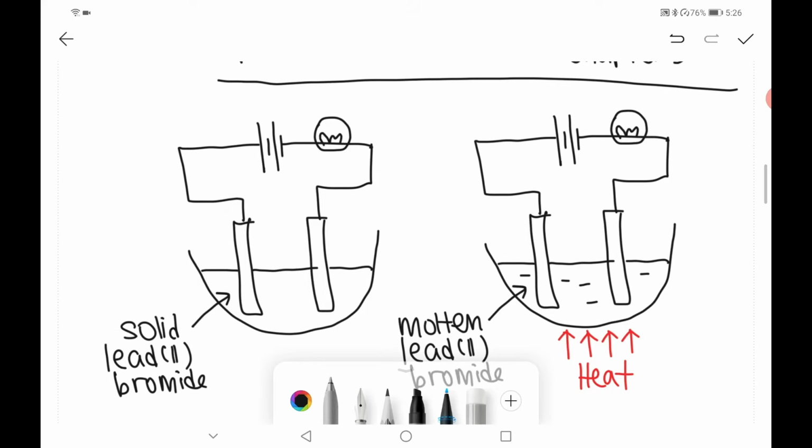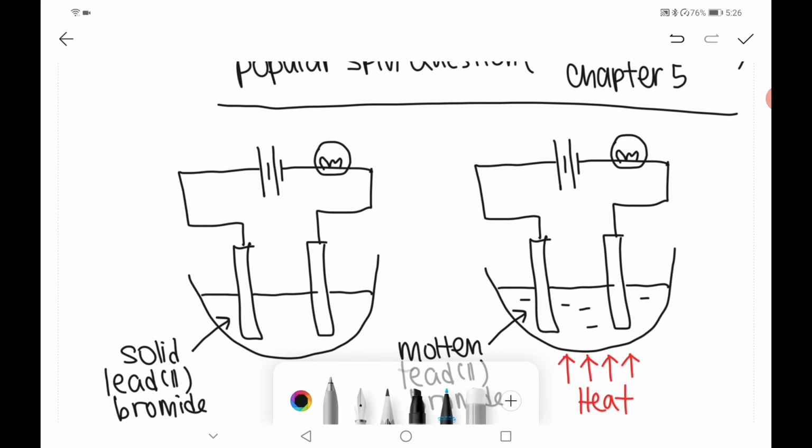The difference is this. When it's solid form, you can see the bulb does not light up.